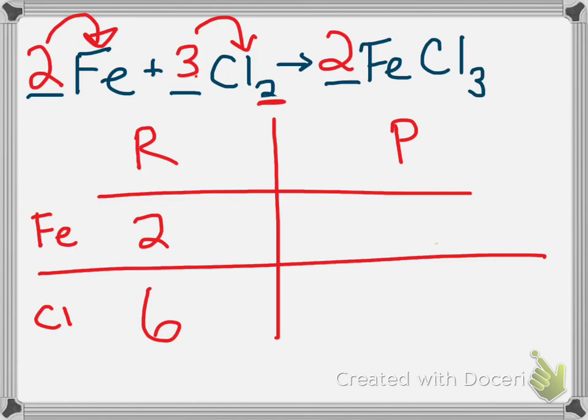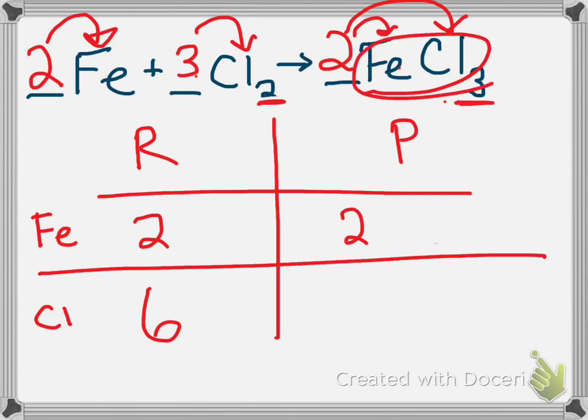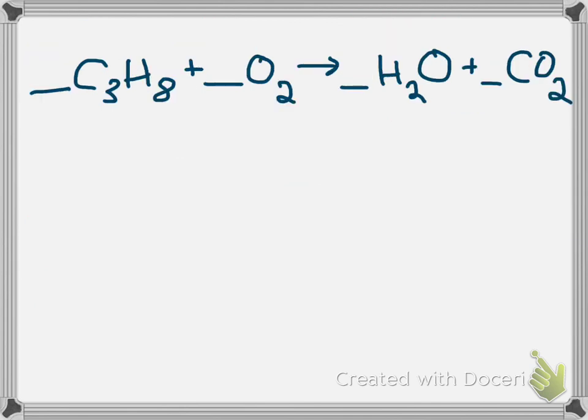So that's all the reactant side. And then on the product side, I have 2 Fe's. And I want you to notice we treat this coefficient with the distributive property. So it's 2 Fe's and then also 2 chlorines, but that would really be 2 times 3 because each one of these is really 3 chlorines. So that would be 6 chlorines on my product side as well. So I am balanced.